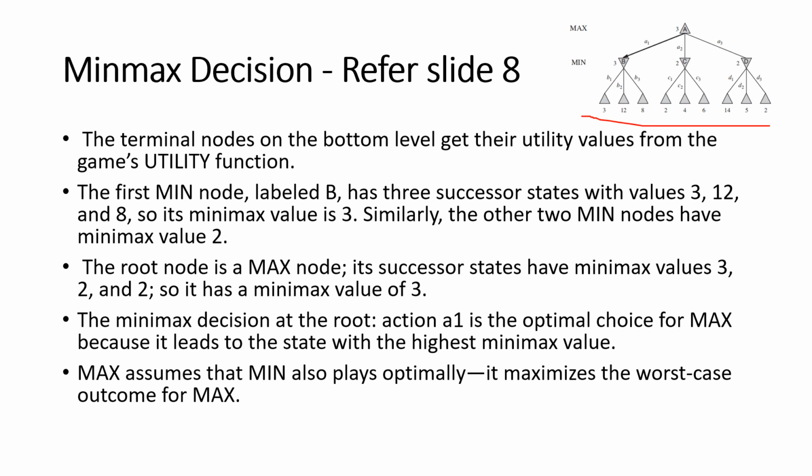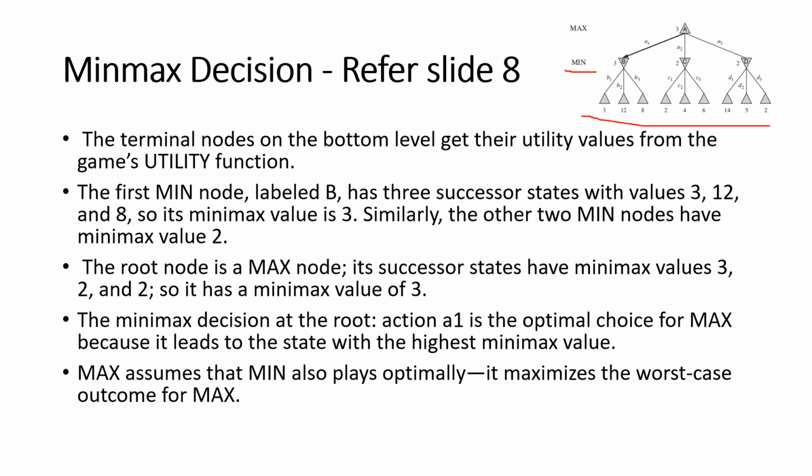These values come from the utility function and are always for max. So the highest value is better for max and the lower value is better for min. So first we go to min node B.